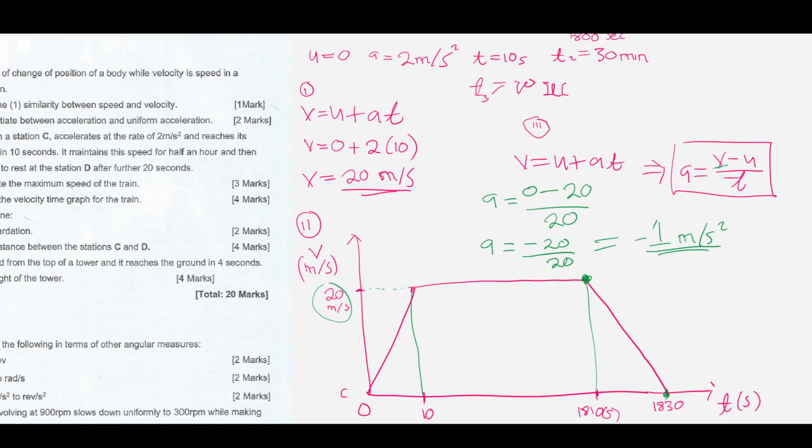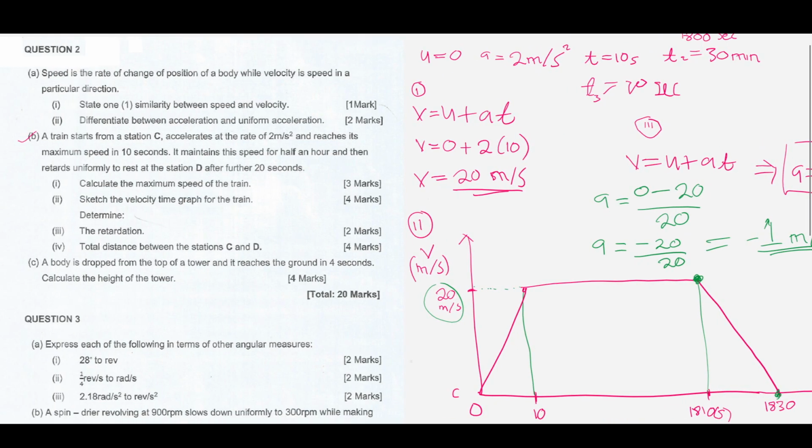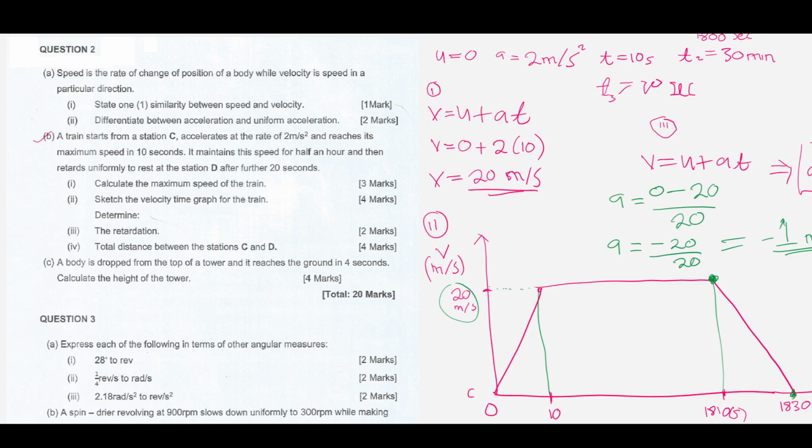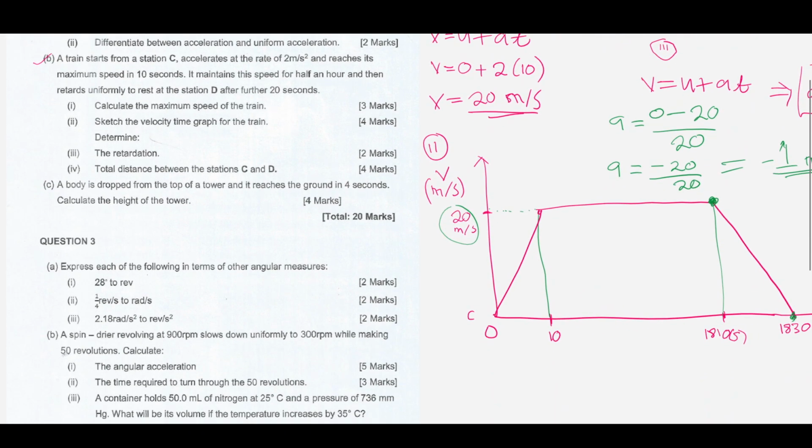Okay, so since our acceleration is negative, it means it is retardation. Okay, so we continue. Number 4 says determine the total distance traveled.